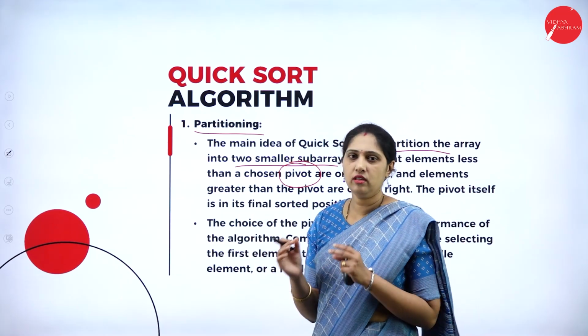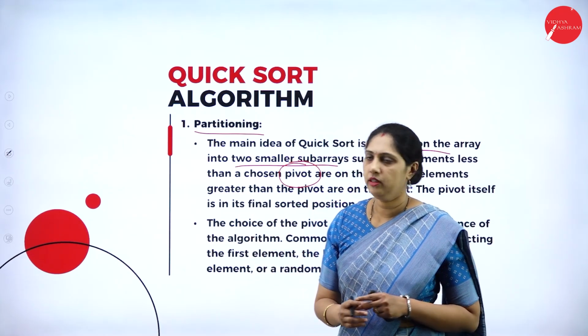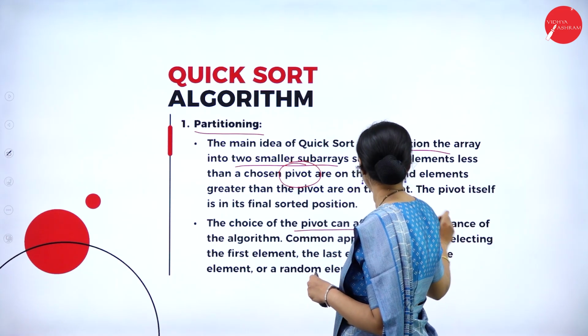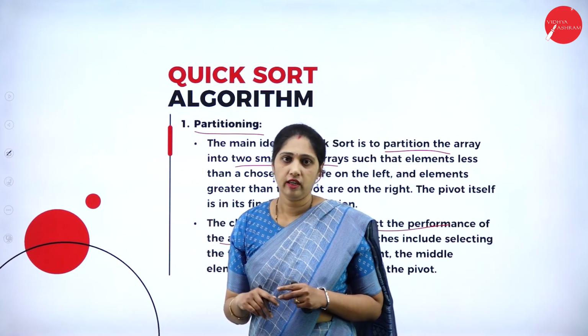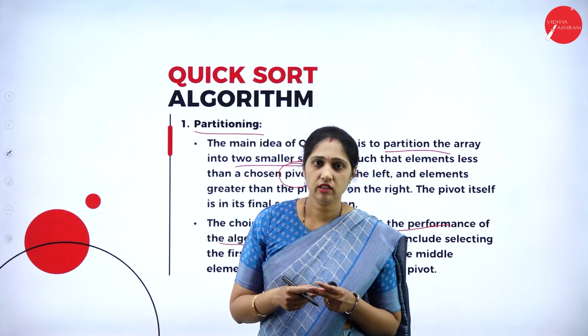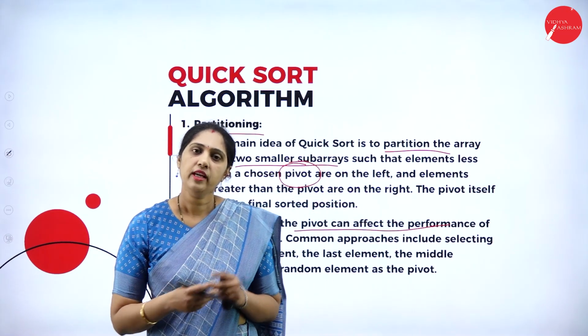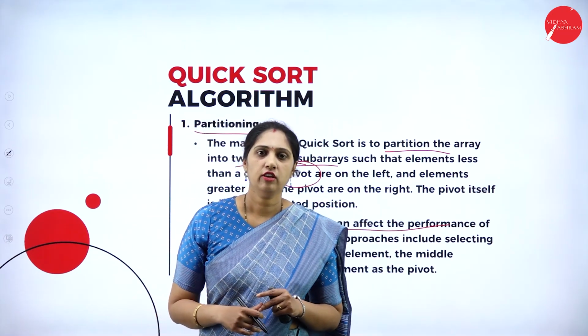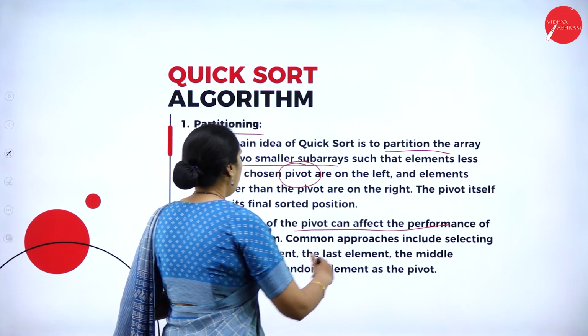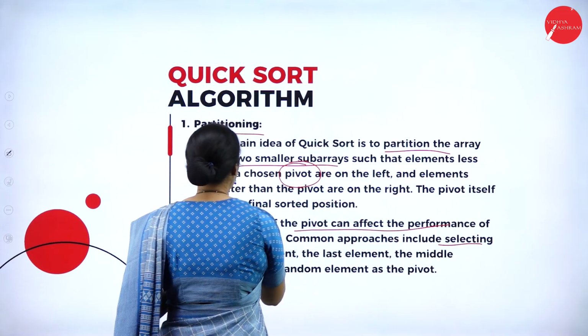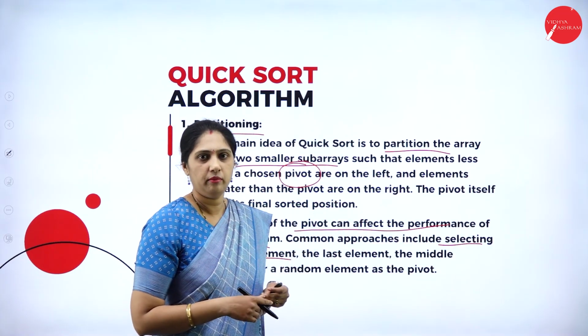Pivot is nothing but a name given to the element. The choice of the pivot can affect the performance of the algorithm, whether we take the first, the middle or the last. Based upon that, the performance of the algorithm is decided. So how do we select the pivot element? Commonly we use the first element.